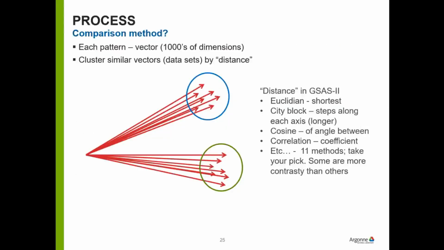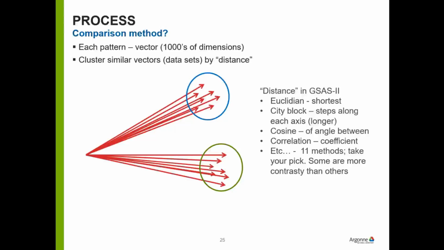So here's the process. Each pattern then is considered to be a vector with thousands of dimensions, because there's a dimension for each point in the powder pattern. So imagine this sort of hyperdimensional space. Your one data set is a vector.